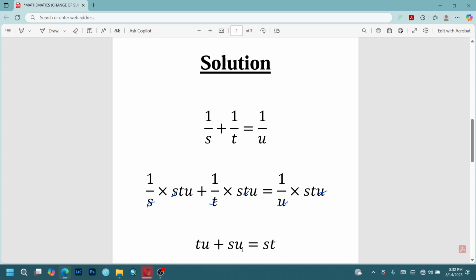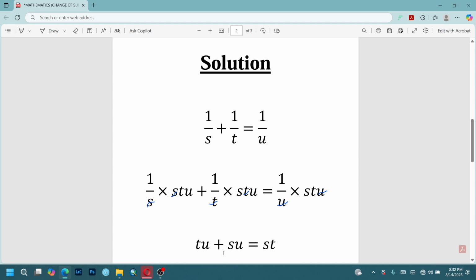Positive SU here is a positive variable, and ST here is also a positive variable. So in order to make s stand on its own, we have to navigate this SU across the equal to sign to join ST here.